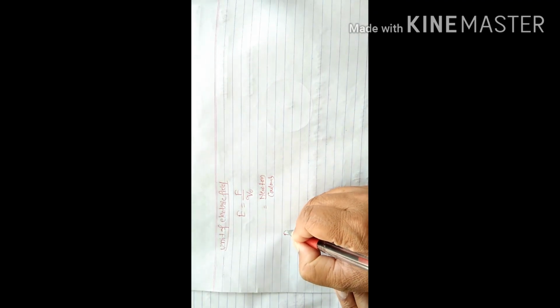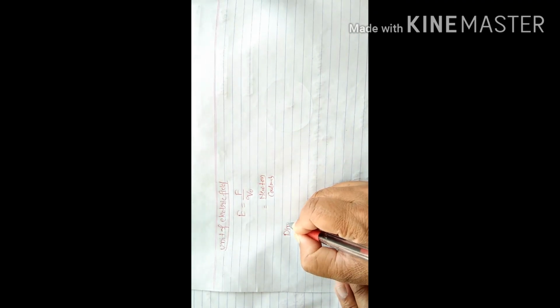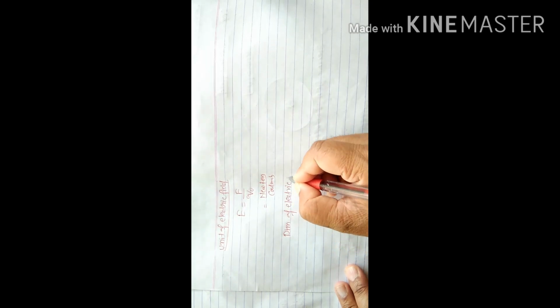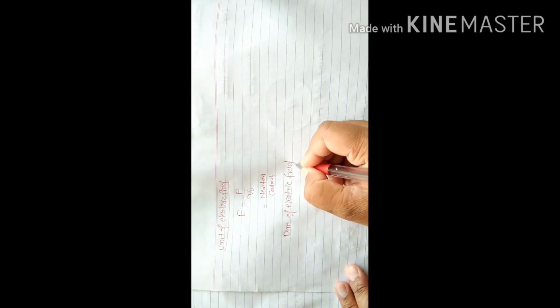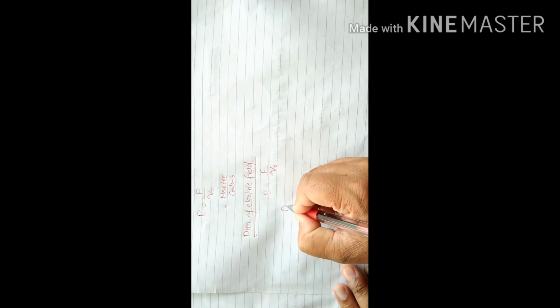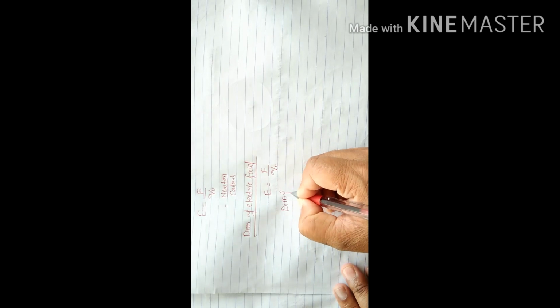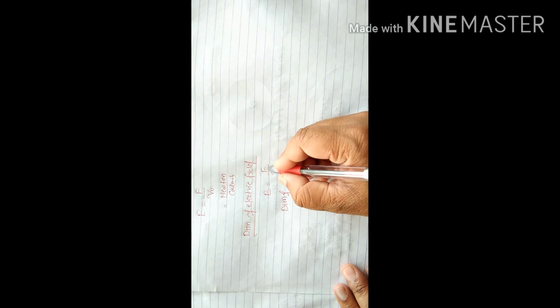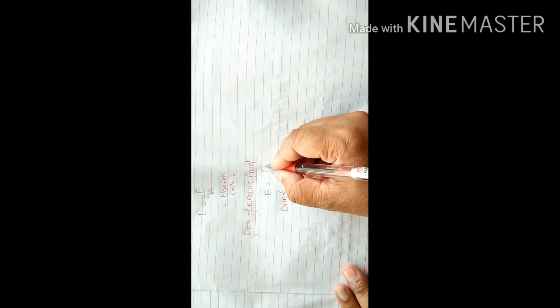Now the dimension of this electric field. E is equal to F upon Q naught. So the dimension of E is equal to the dimension of F, which is a force.